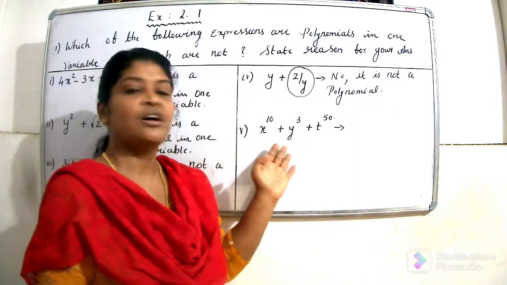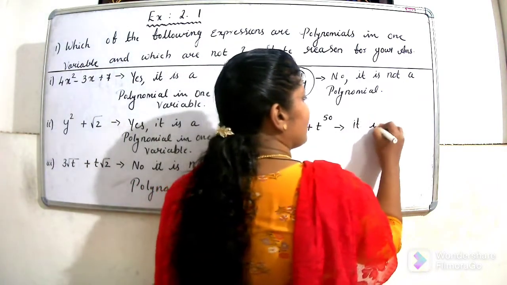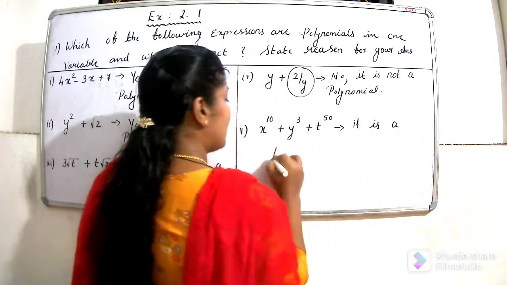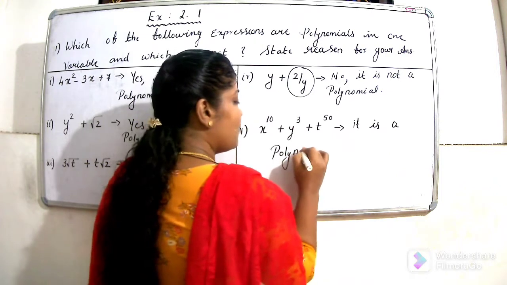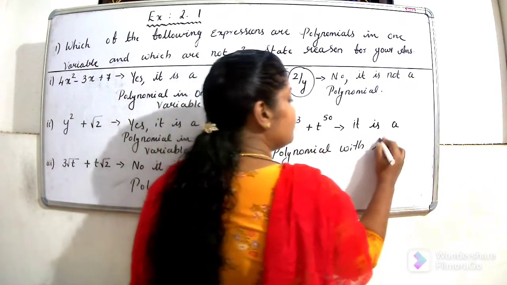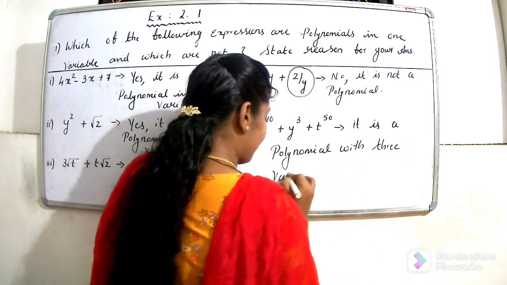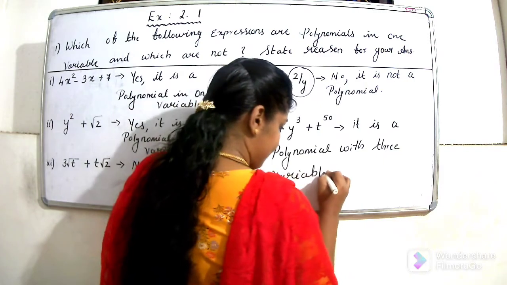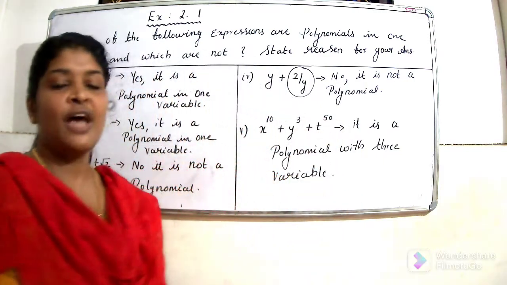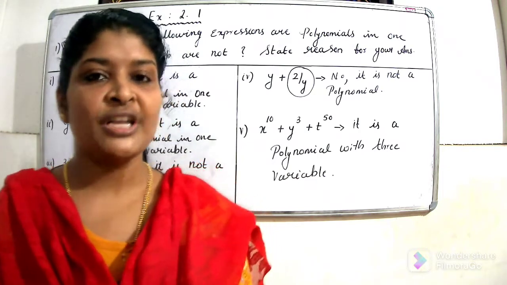That is why we can say it is a polynomial with 3 variables. This is the answer for the first question. Now we can move on to the next question.